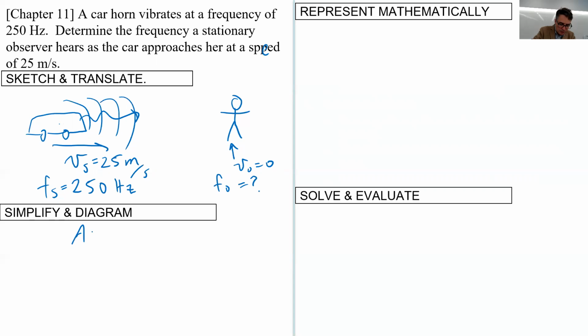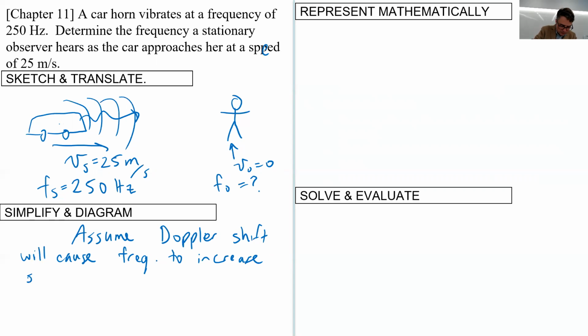That's basically it. We're assuming here that the Doppler shift will cause the frequency to increase slightly. So instead of 250 hertz, you might hear 260 hertz or something like that.